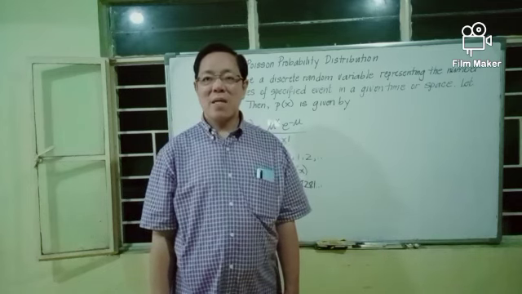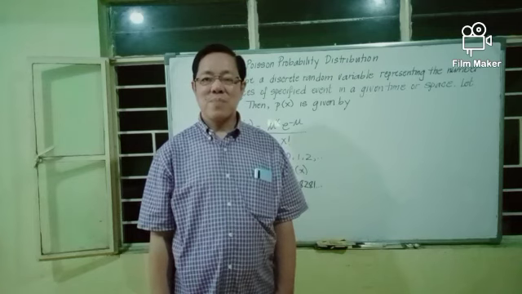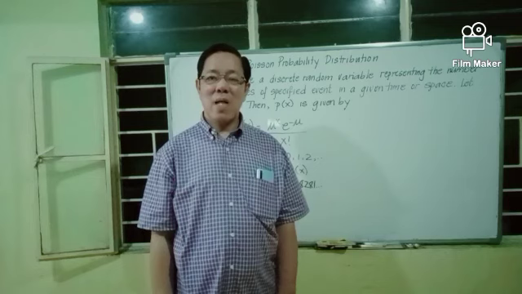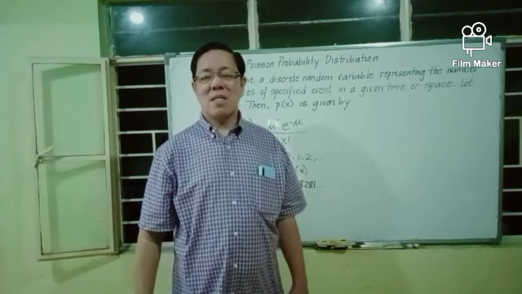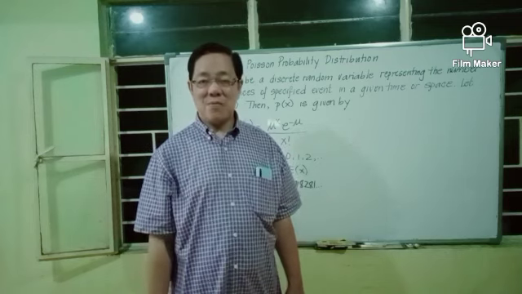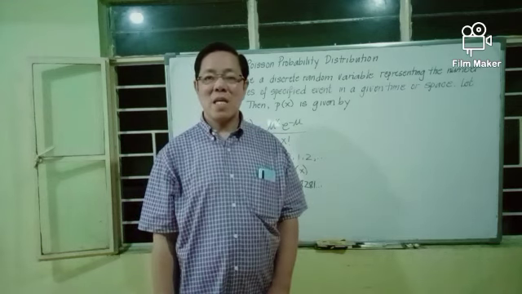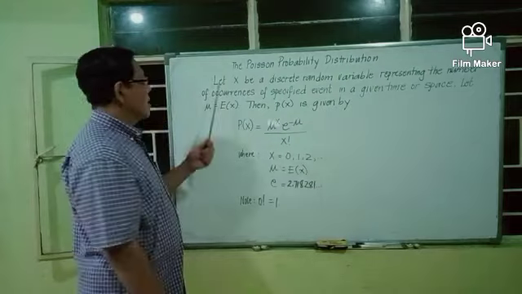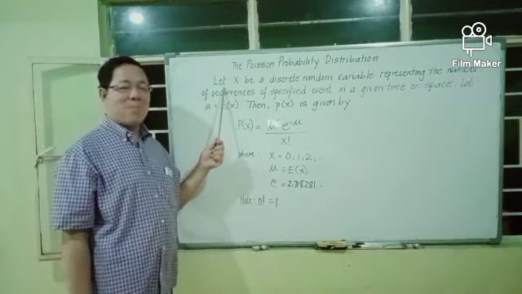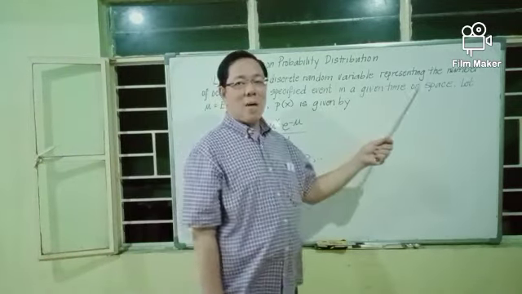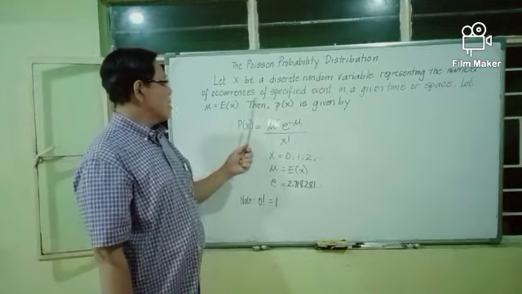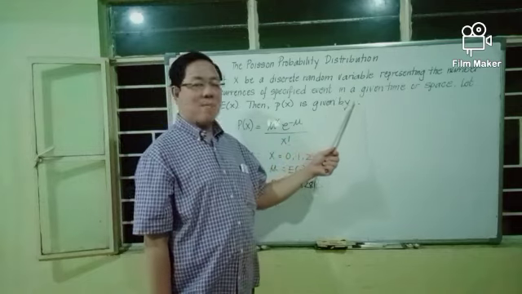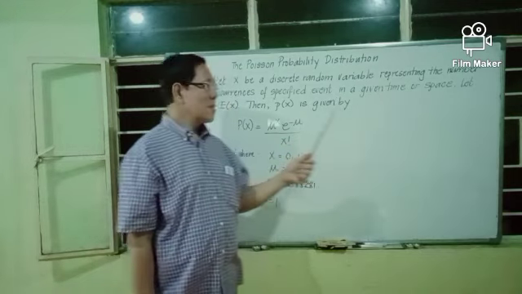And now we define and describe the probability of the discrete random variable x, representing the number of occurrences of a specific event during a given time period or space. Let x be a discrete random variable representing the number of occurrences of a specified event in a given time or space.